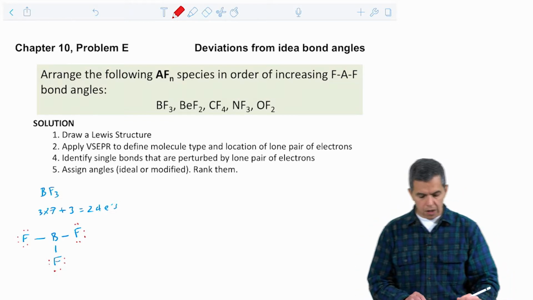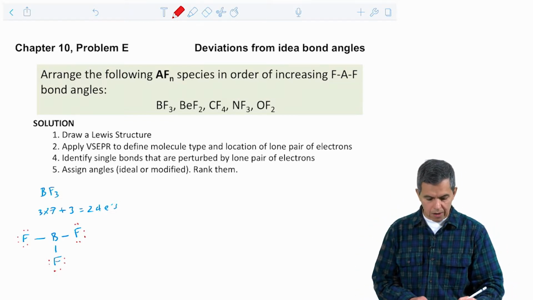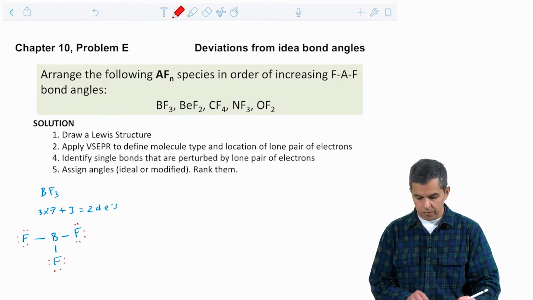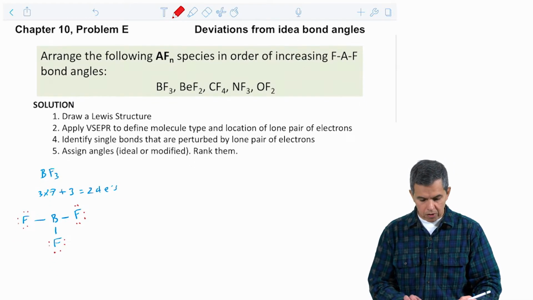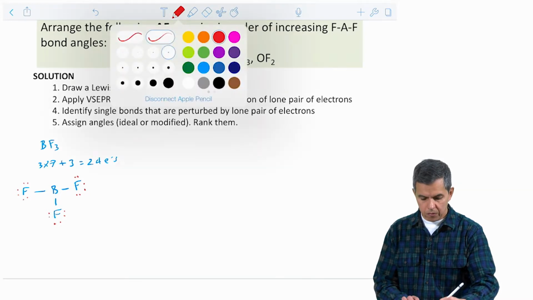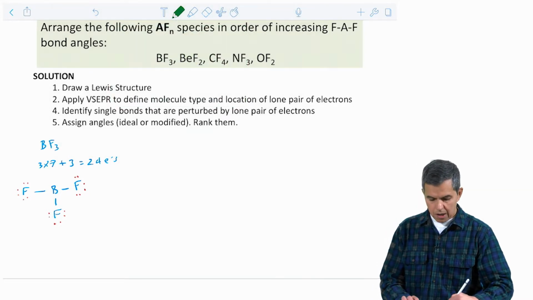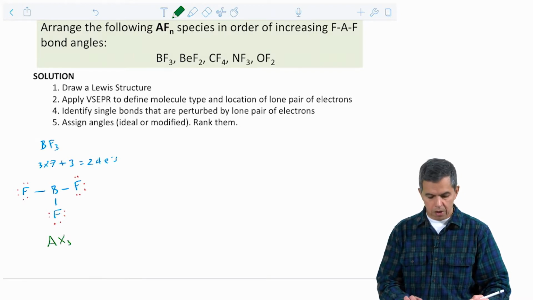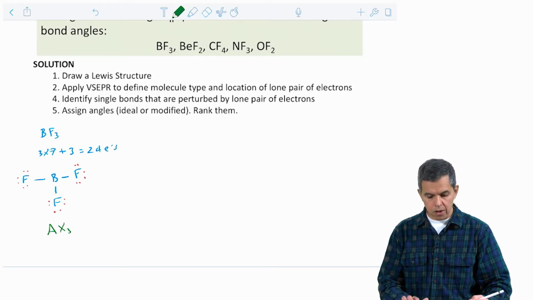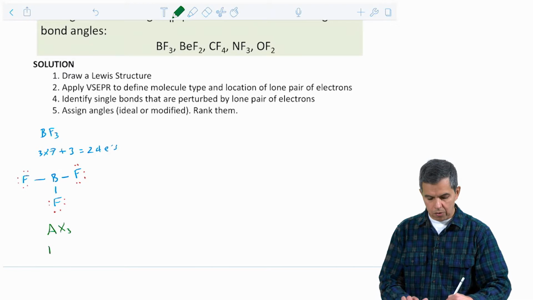We have 18 electrons for the non-bonding electrons and 6 for the bonds, so that's 24. This configuration corresponds to an AX3 molecular shape, and the angles between the different bonds would be 120 degrees.